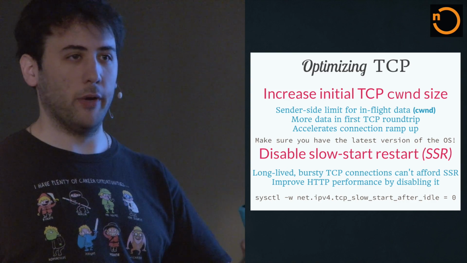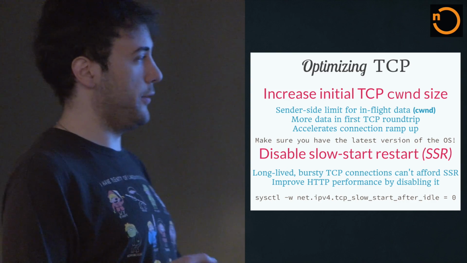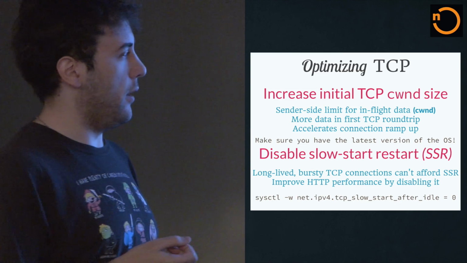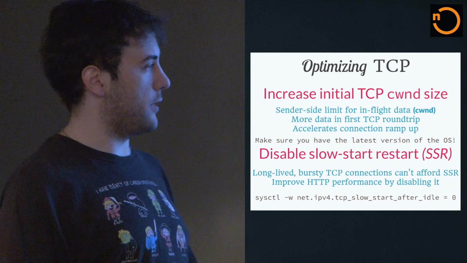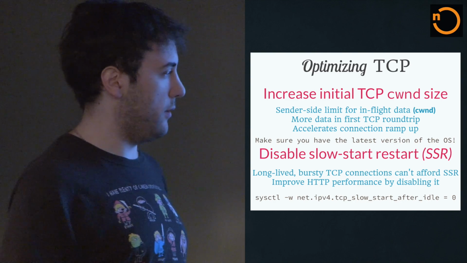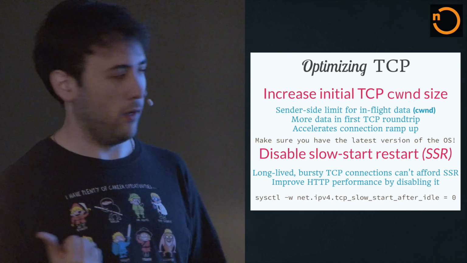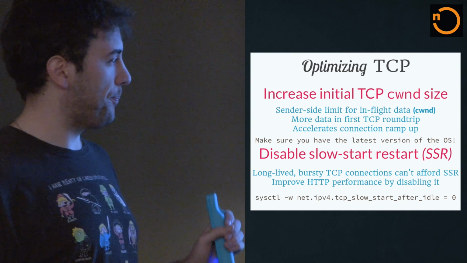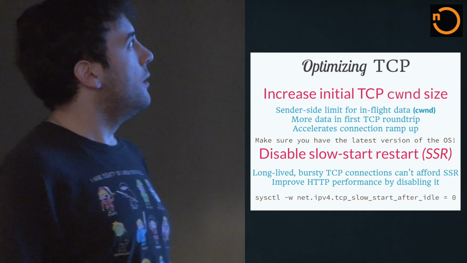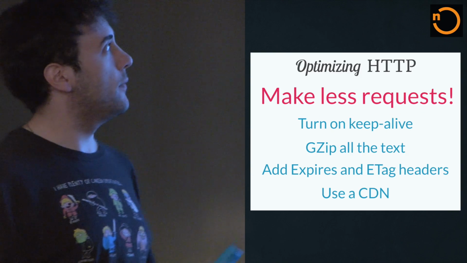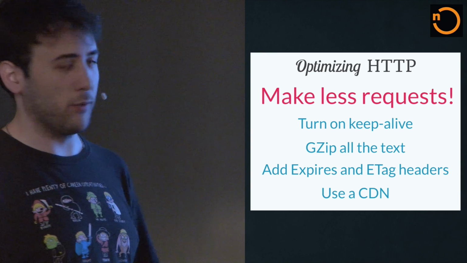You make a request, you wait, you make another one. And if you are using Keep Alive, which you should, this kind of defeats the whole purpose. So you can disable this using that command in the slides, which are on my Twitter account, on any Linux box.